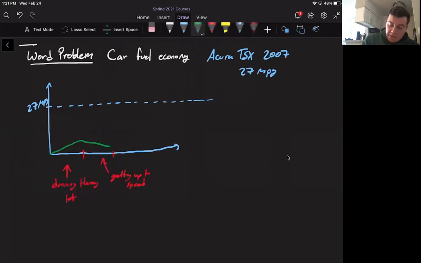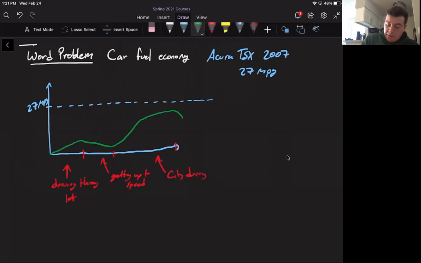And then it shoots up a bit higher as I'm driving on the highway. And then often I'm getting on the 25 freeway. So this section where it's high is city driving.